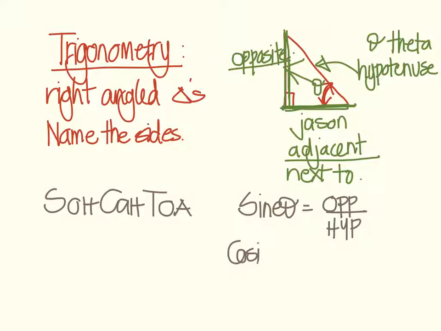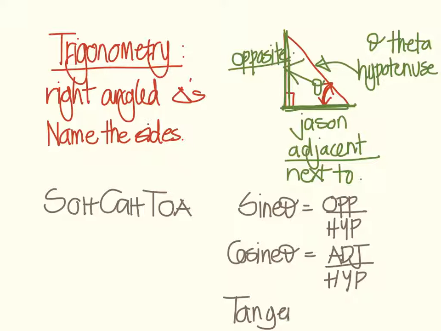Cosine of theta is equal to the length of the adjacent side divided by the hypotenuse, and the tangent of theta is equal to the length of the opposite side divided by the length of the adjacent side. Okay, that is all fairly straightforward, but you really need to commit that to memory.